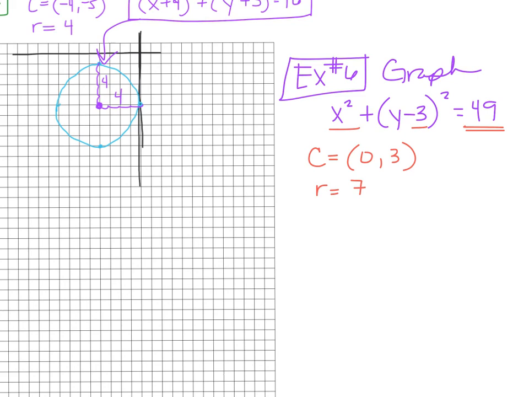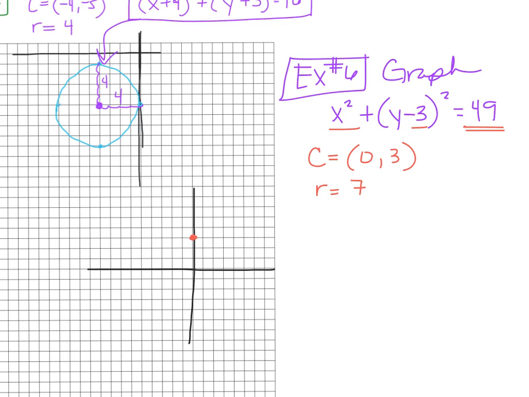Okay, so now we want to graph it. If I make my coordinate plane, let's see, I'll just put it right here. Okay, my center is 0, 3. So 1, 2, 3, that would be my center. And then a radius of 7. We're going to go 7 in every direction.